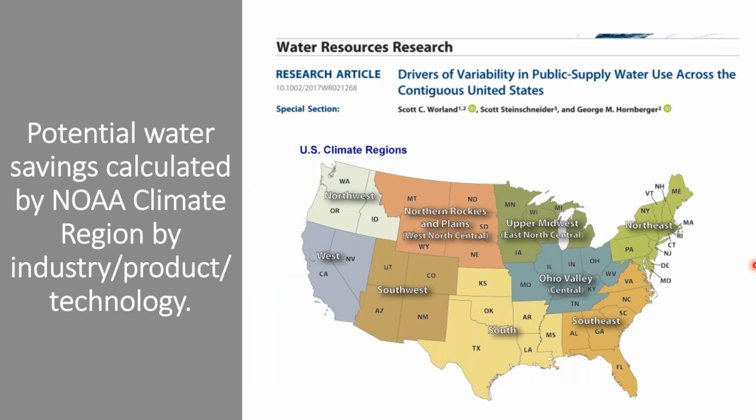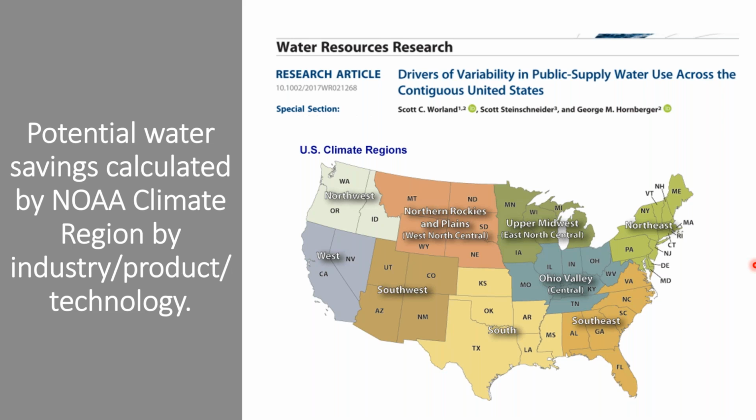And so to calculate the potential water savings, we wanted to account for environmental conditions that might impact water use. We didn't think it was reasonable to assume that an industry located in Minnesota would be expected to have the same water requirement or water use as one in Arizona, right?